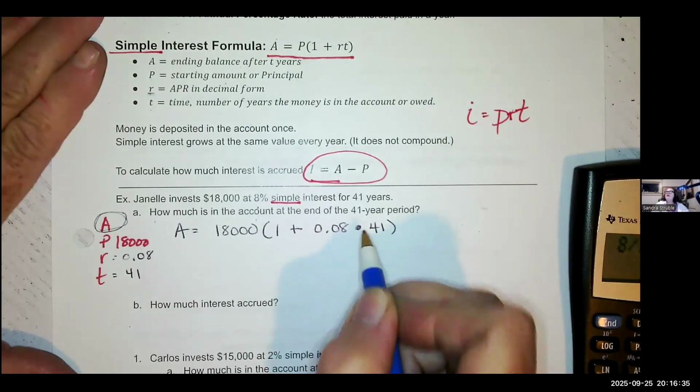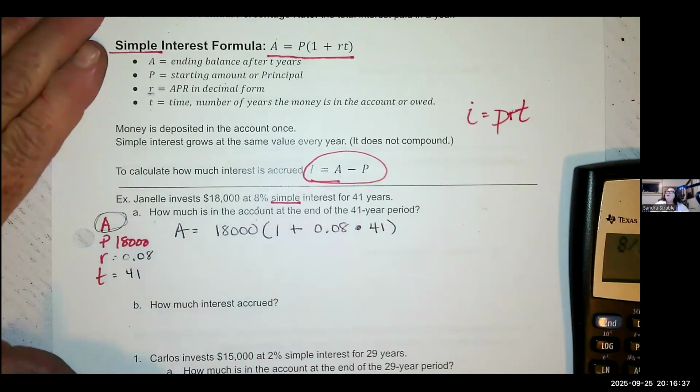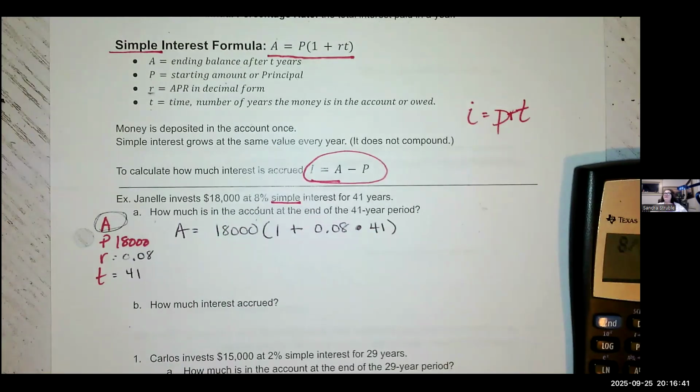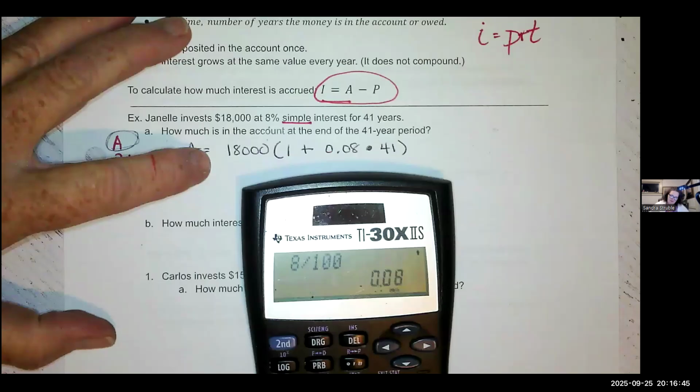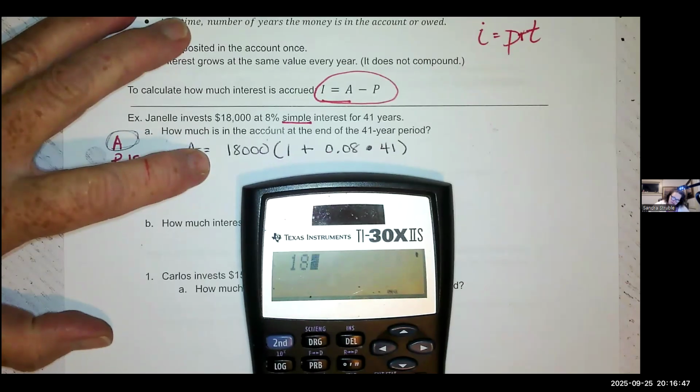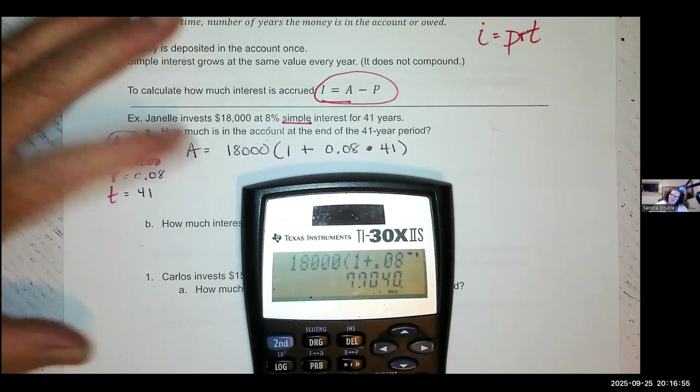I'm also going to show you how to throw this whole thing in your calculator at once. Literally, you can type it in exactly as it is right here: 18,000 parenthesis 1 plus 0.08 times 41 close parenthesis equal.